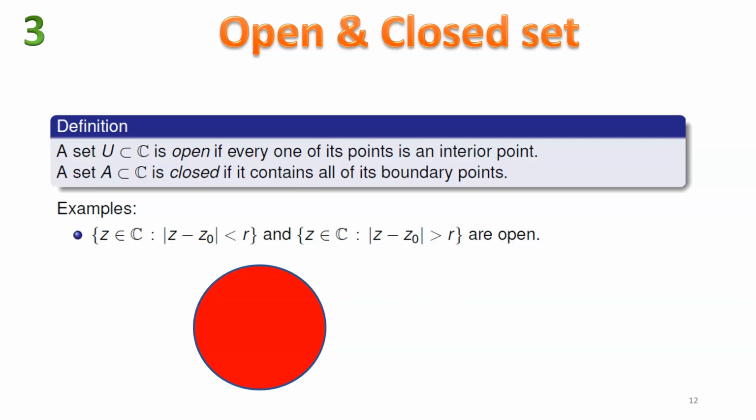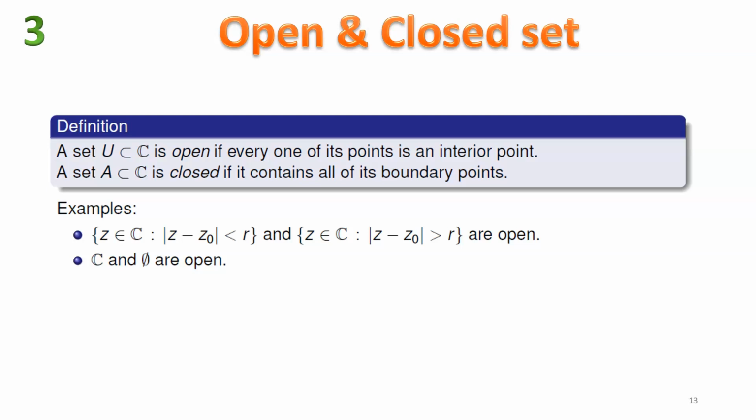Here we have considered the points which are inside the circle of radius r and outside the circle of radius r, except the points which are on the circle of radius r. So they are called open. This set is called open because it contains every one of its points as an interior point. Nothing on the boundary is considered.